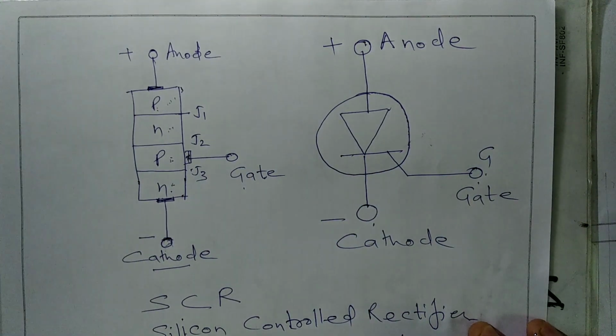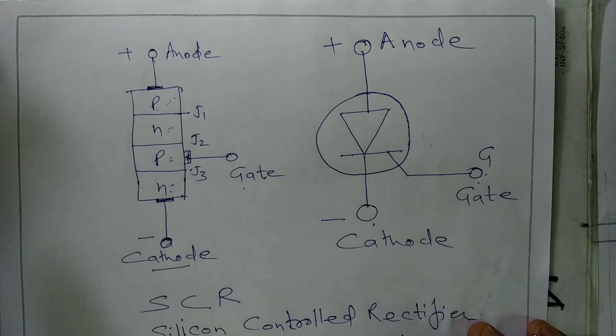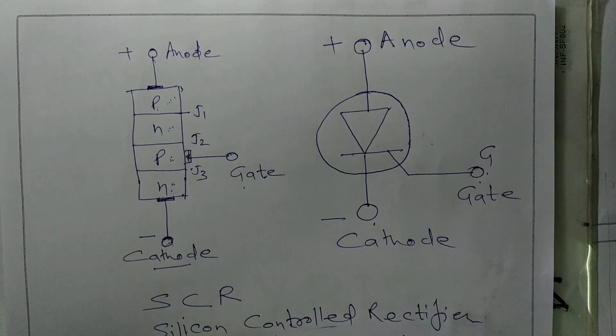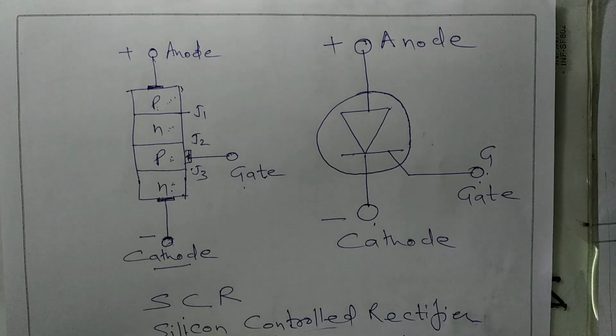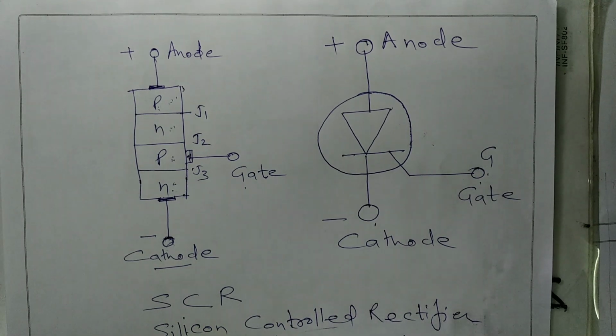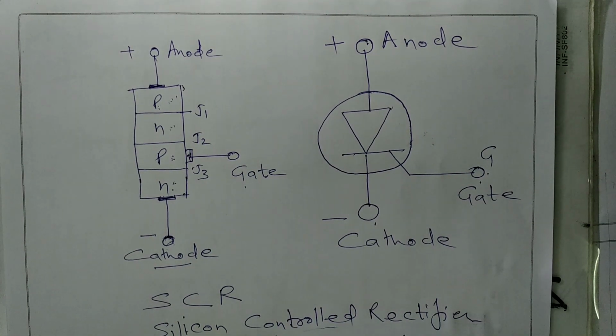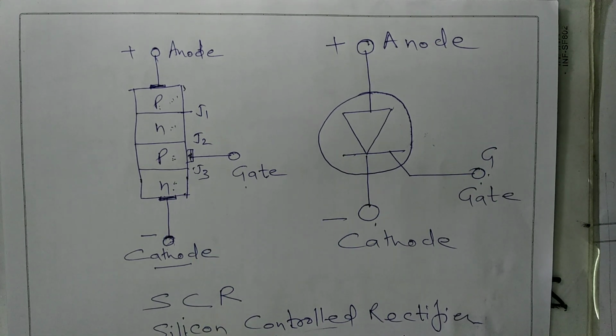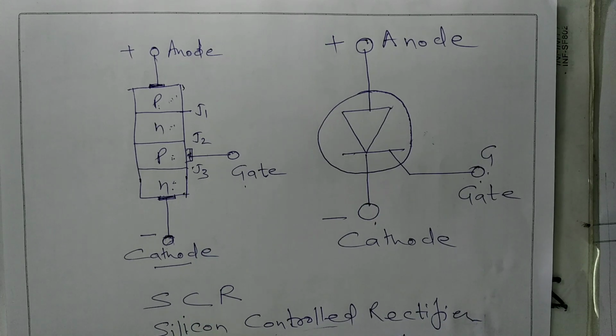Now the question arises, this is again a rectifier, but it is a controlled rectifier. What do you mean by controlled rectifier? You have studied the PN junction rectifier in EDC1, also in other courses of electronics, where the rectifier cannot be controlled.